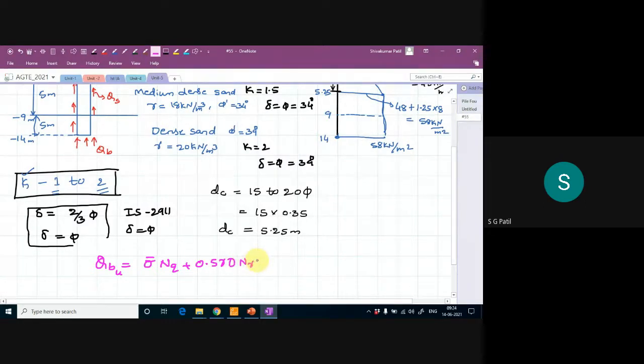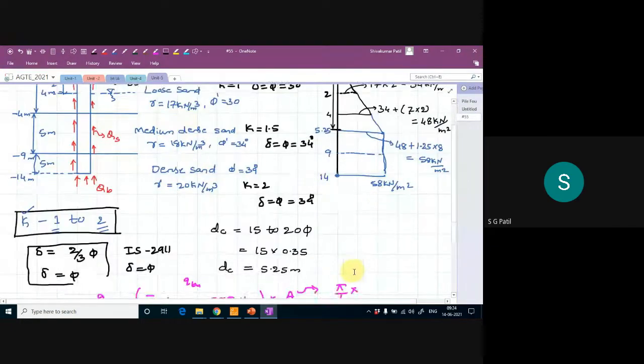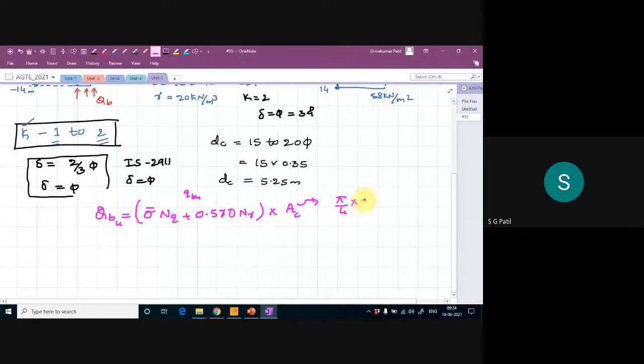This is your unit small q BU, that is the unit bearing intensity, into the cross sectional area. Since this is a circular pile, the cross sectional area will be pi by 4 into the diameter of the pile squared. The diameter of the pile is 350 mm, so 0.35 squared.